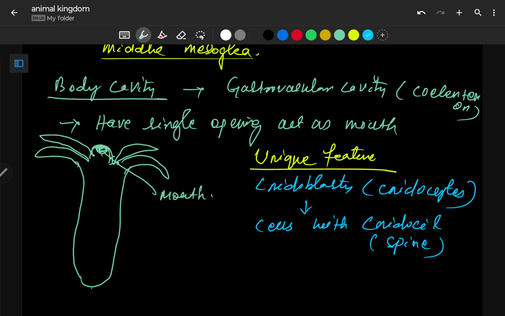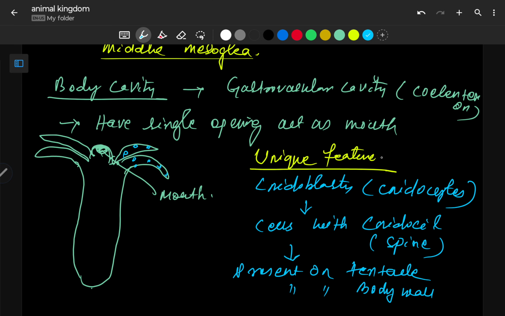And where they are present? They are present on tentacles. So these are tentacles. So ये tentacles में आपके ये सब cnidoblast or cnidocil cells are present, and they are also present on body wall.